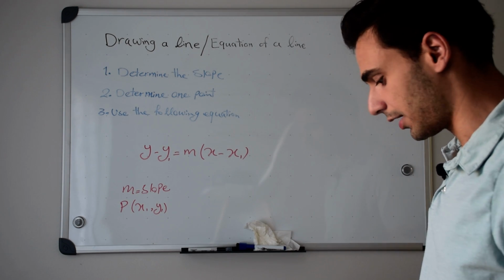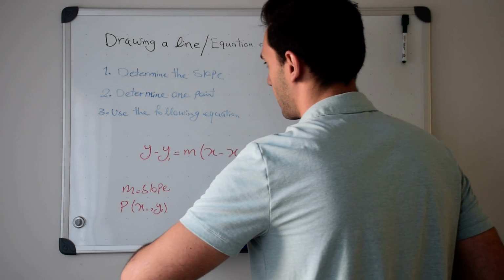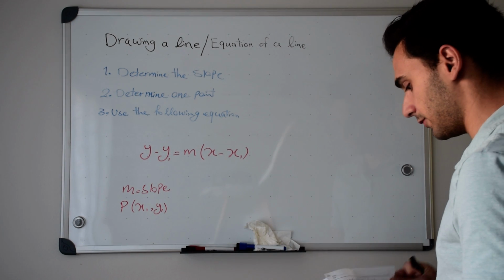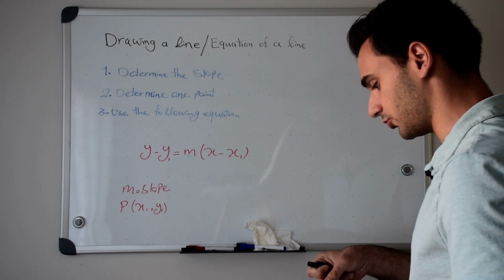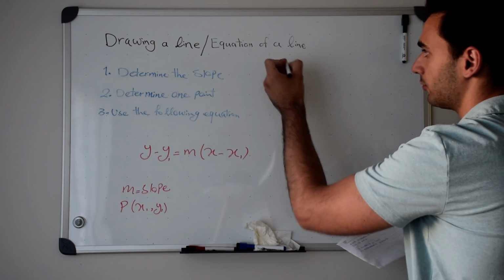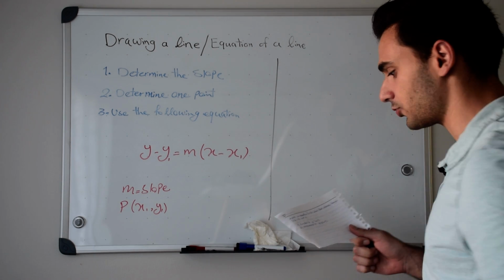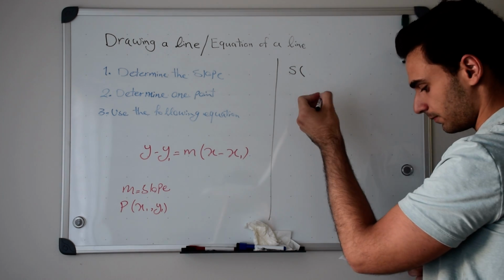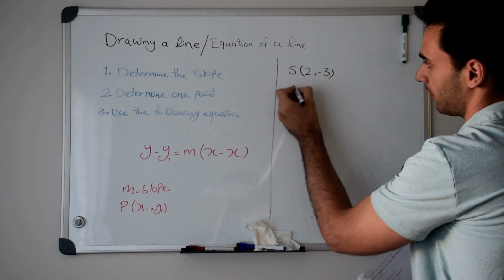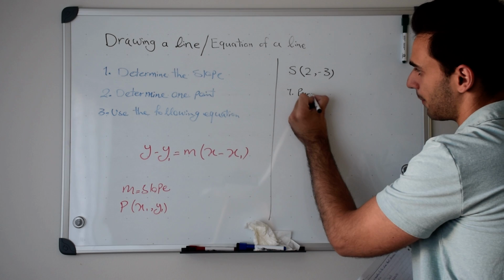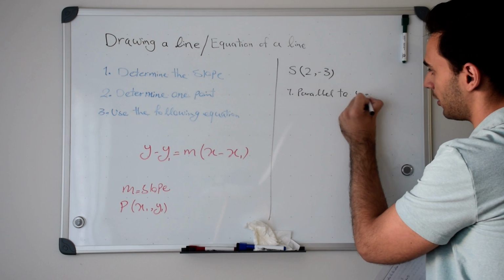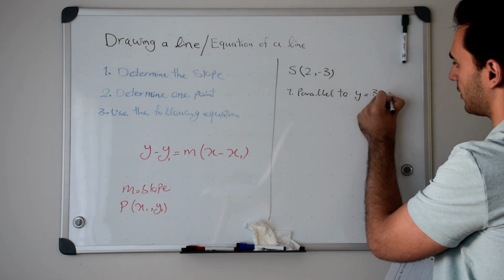Example. What can be the example here? Okay, let's see. The question is asking, let me read the question. It says, write an equation for the line that passes through point S, (2, minus 3), and it's parallel to y equals 3x plus 5.